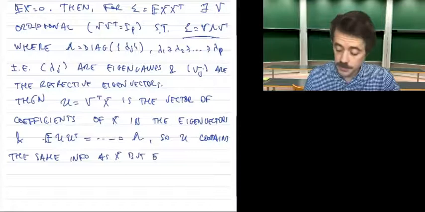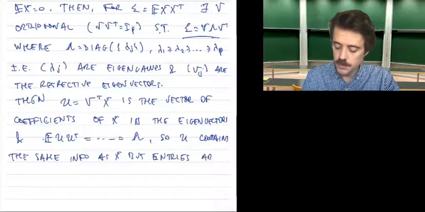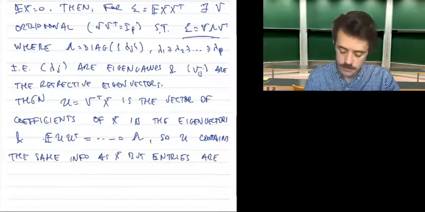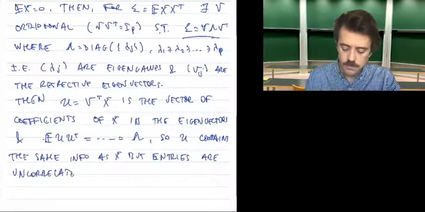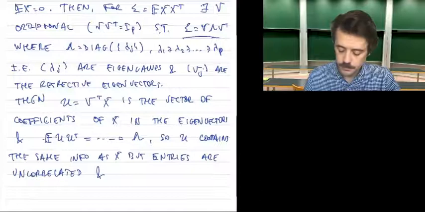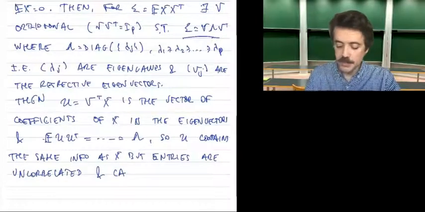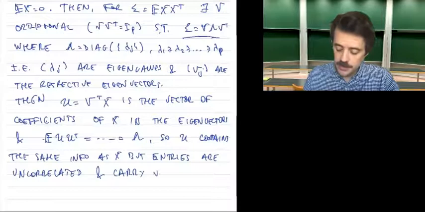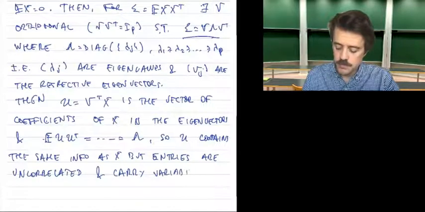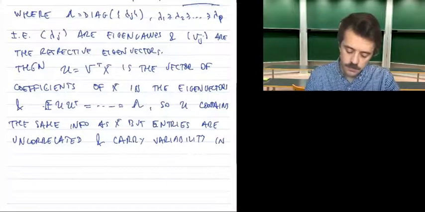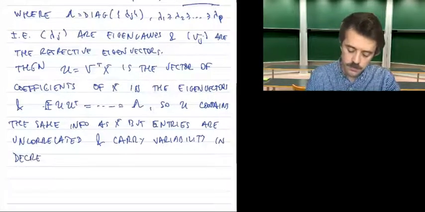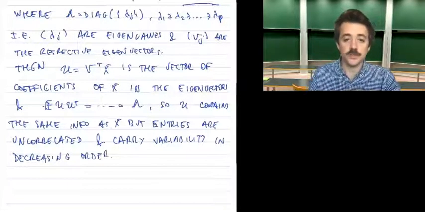The entries are going to be very different because they are going to be uncorrelated. And more precisely, they carry the variability in decreasing order. Okay, so that should be sort of clear to everyone.